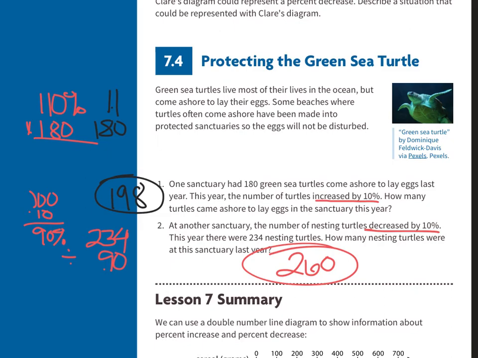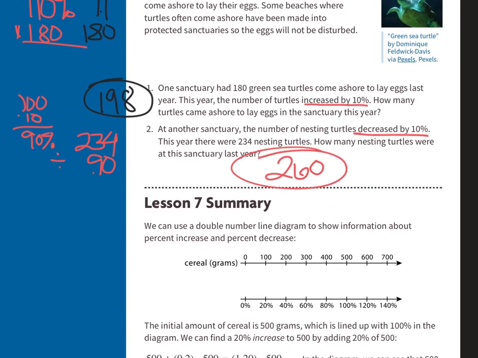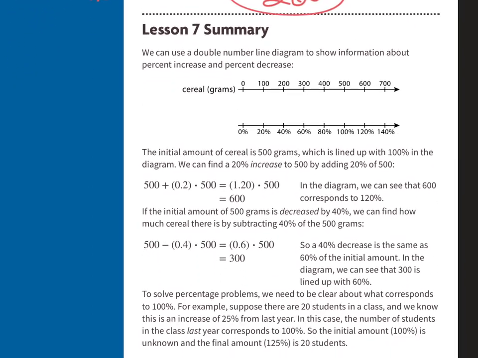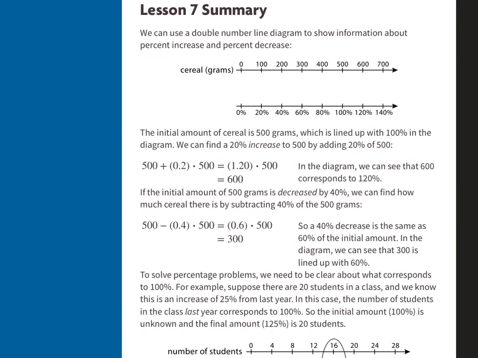So if we look at the summary here, Lesson 7 Summary on pages 56 and 57, we can use double number line diagrams to show information about percent increase and percent decrease. The initial amount of cereal was 500 grams, which lines up with 100% in the diagram. We can find a 20% increase by taking 500 and adding 20% more of 500. So if we do the math, 120% times 500 is 600.